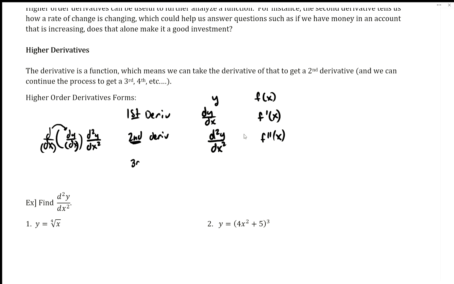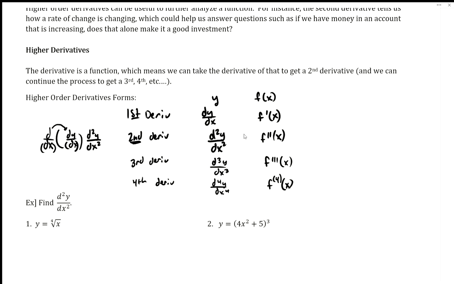And then it keeps going. The third derivative would be d3y/dx3, and then f triple prime. Let's get two more. Our fourth derivative would be d4y/dx4. At this point, they usually don't put primes anymore. They usually use parentheses and then whatever number derivative it is.